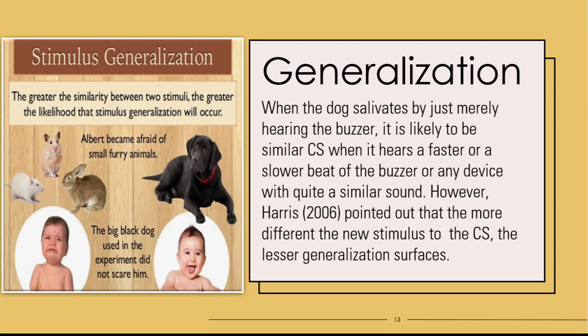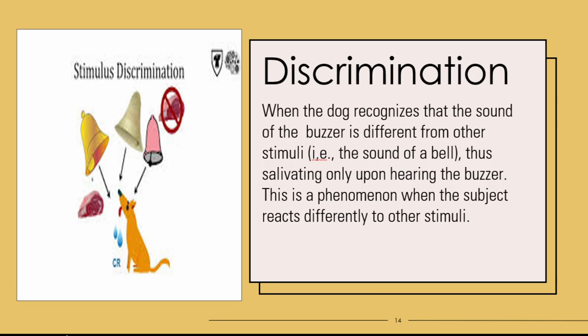Like for example, in this PowerPoint, you can see that the baby is afraid of the small furry animals, but it says here that he is not afraid of the big black dog, which means that he is only afraid of the small furry animals, but he is not afraid of the big black dog, which is a furry animal also.